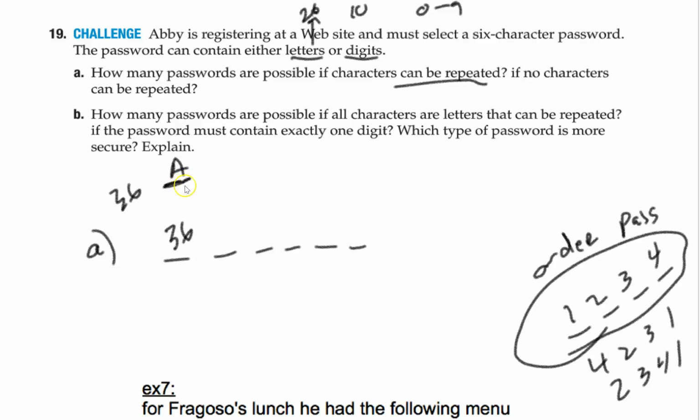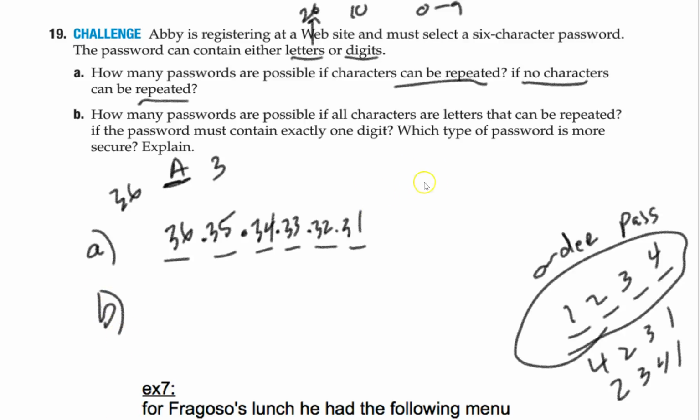But now I selected A. That means next time I have 1 less. I can't pick A again. No characters can be repeated. So now I have 35 options. Let's say I pick 3. Right? Now 3 is gone. I can't pick A or 3 because nothing can be repeated. Now I only have 34 options. And so on. 33, 32, 31. So I can multiply these all together and get my answer.